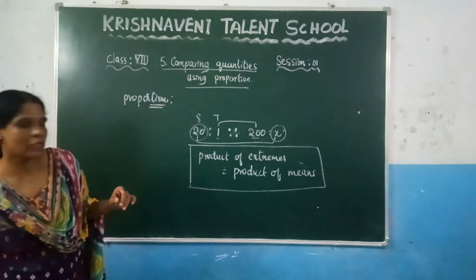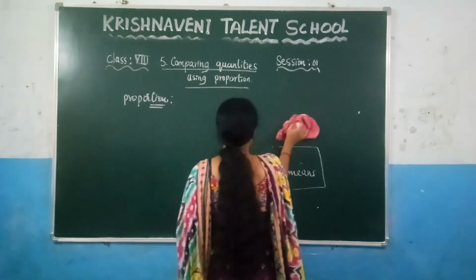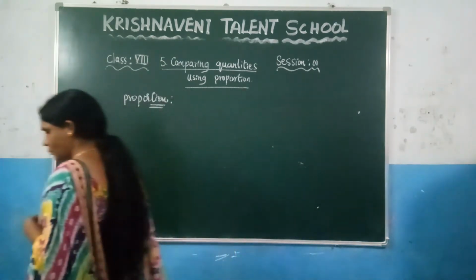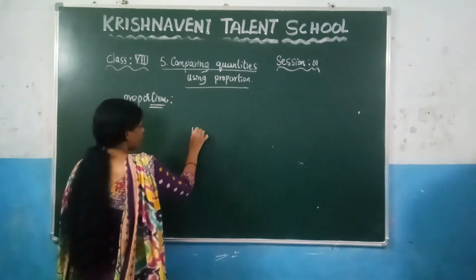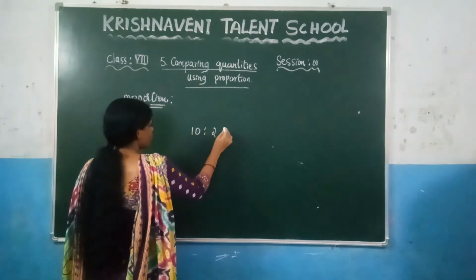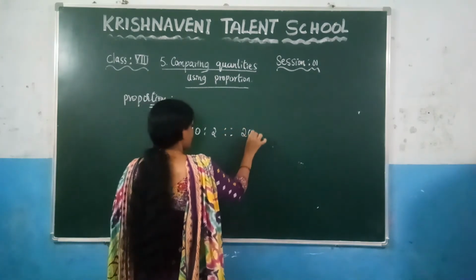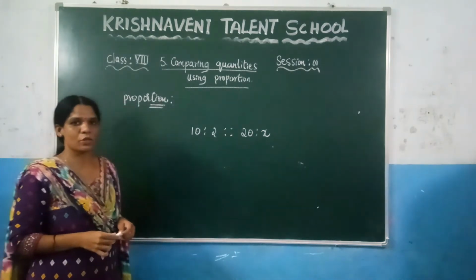Now let us consider one more example. Suppose you are given some number 10 is to 2 is proportional to 20 is to x. Then they will ask what is the value of x.